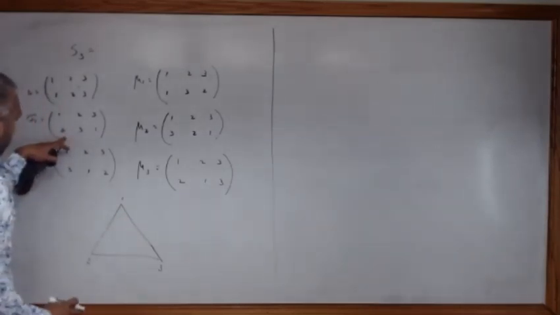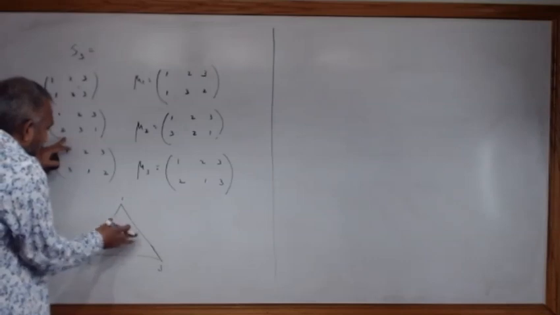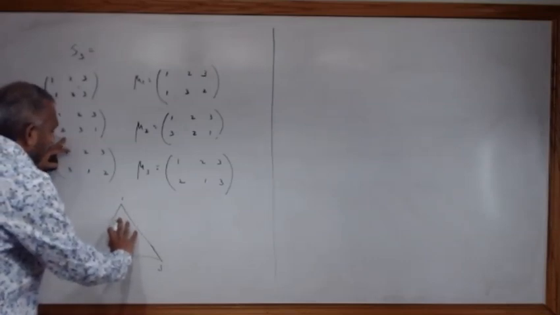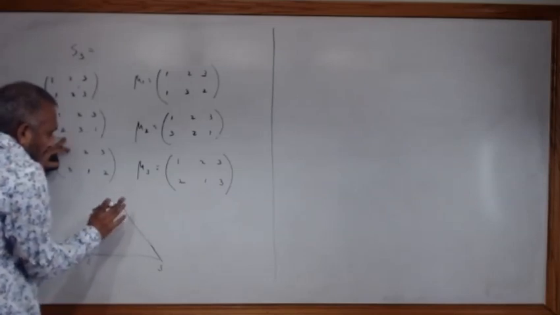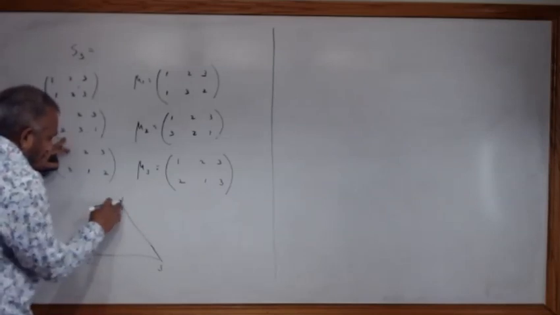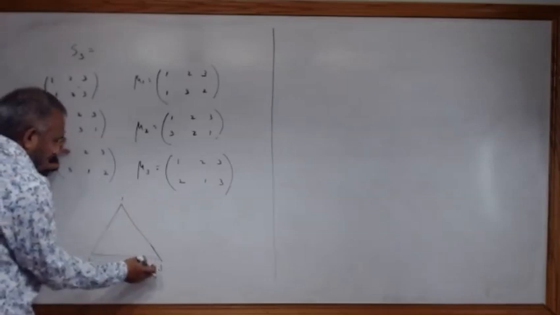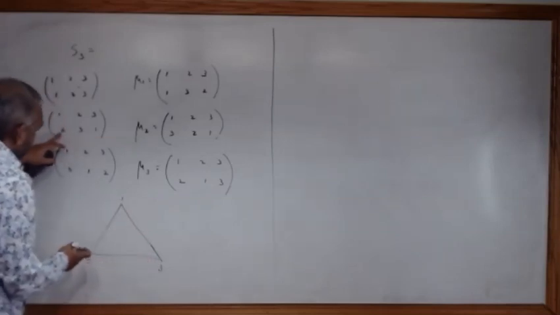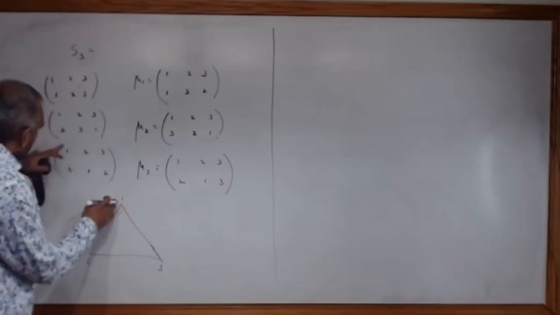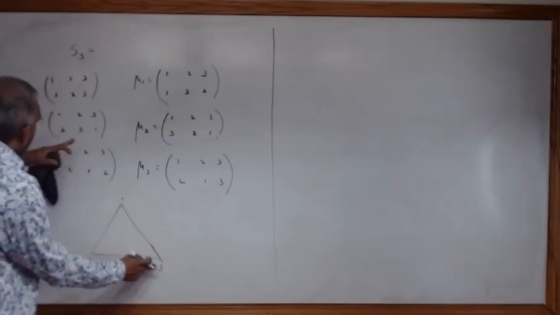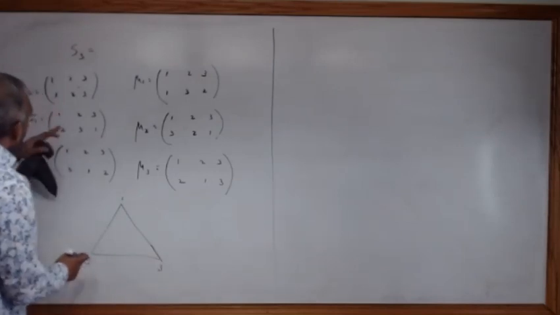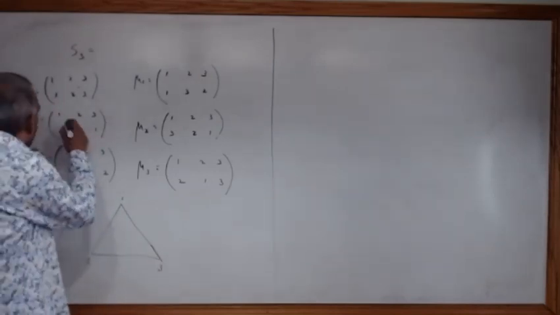Here, what I'm going to do is rotate in the clockwise direction just one time. So 2 will go here, 1 will go here, and 3 will come here. So 1 goes to 2, and 3 goes to 1. So this is going to be 2, 3, 1.